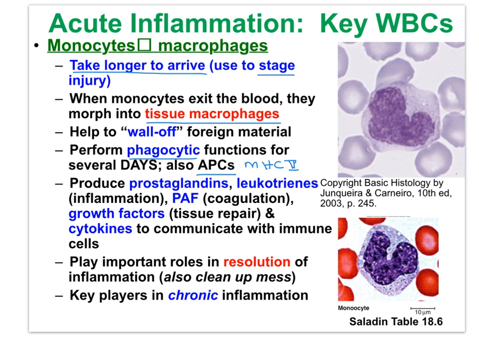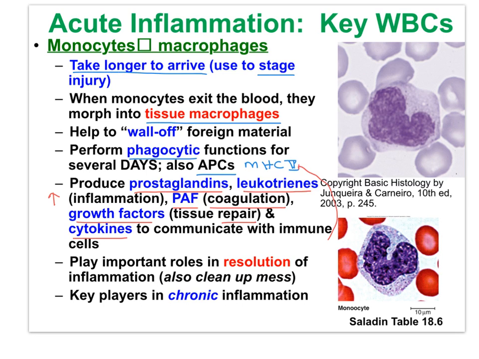They also produce lots of key molecules that we'll be talking about that are mediators. They produce prostaglandins, leukotrienes. Those increase inflammation, so these are pro-inflammatory cells. They also produce platelet activating factor, which helps us coagulate the blood, growth factors that are very important for repair, and other cytokines that we use to communicate with other immune cells.